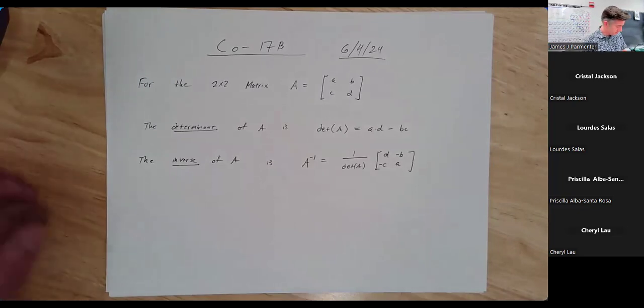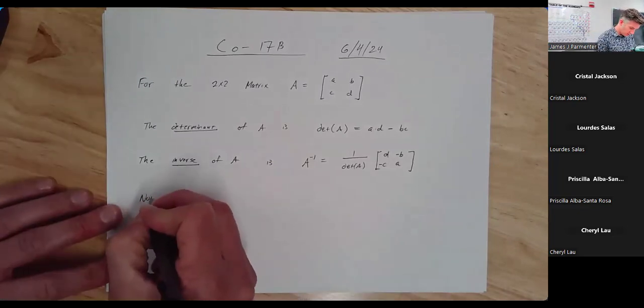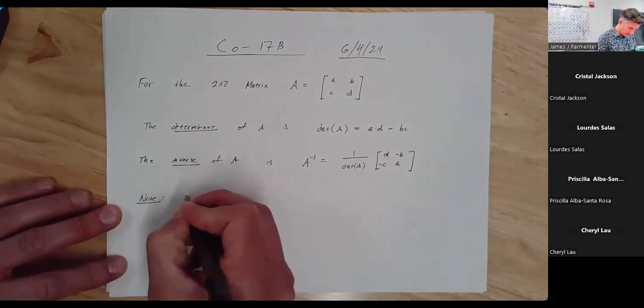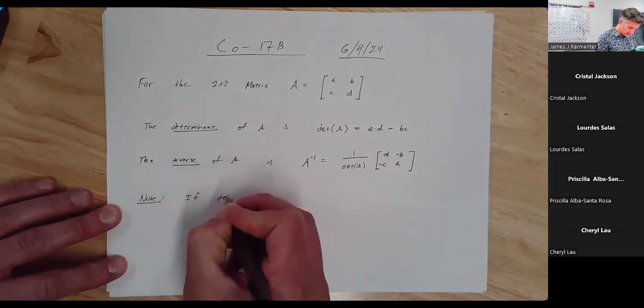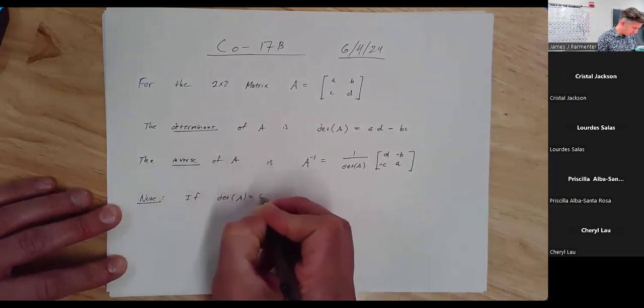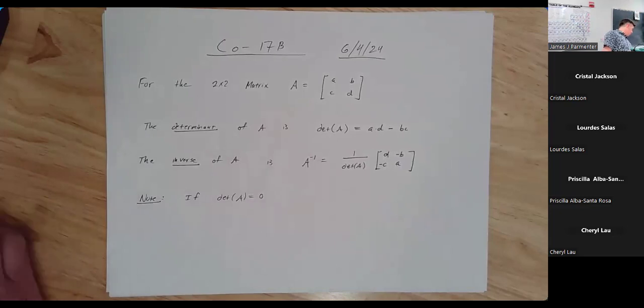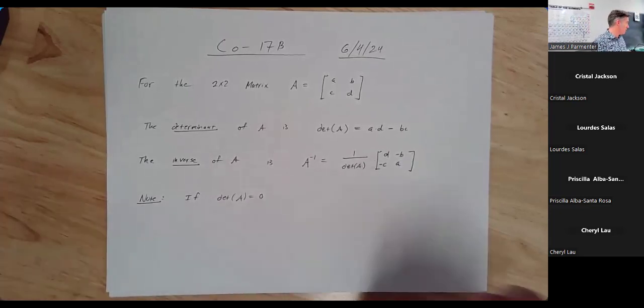A couple notes. If the determinant of A is equal to 0, then we won't have an inverse because you have to divide by the determinant. You can't divide by 0.